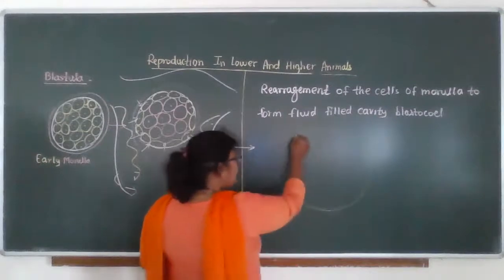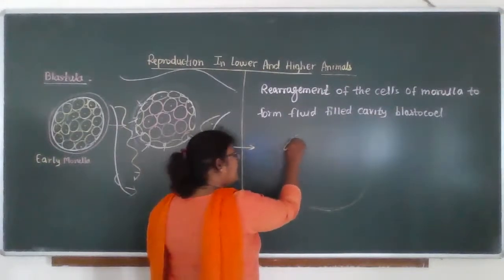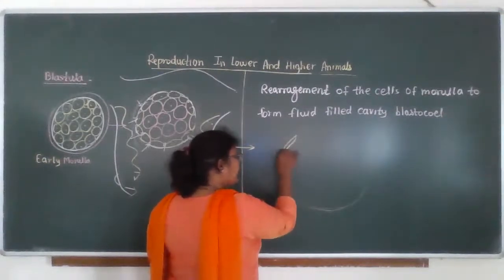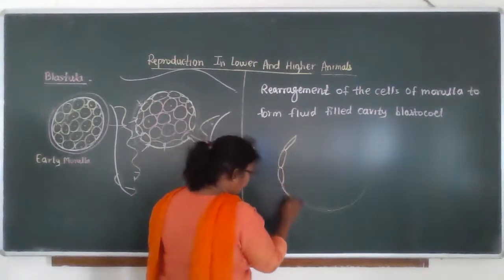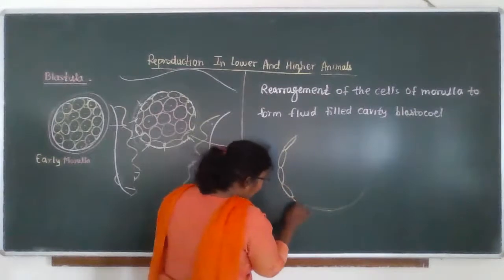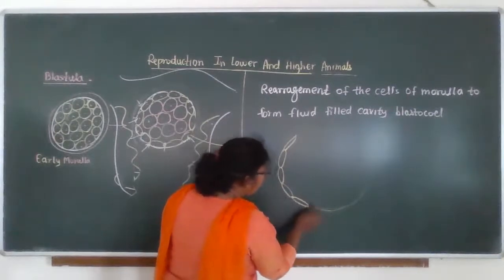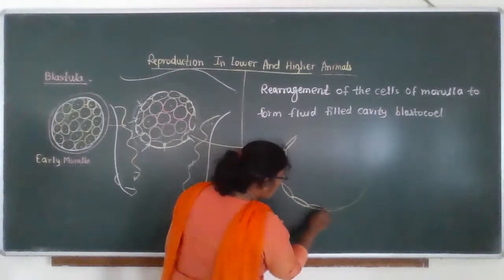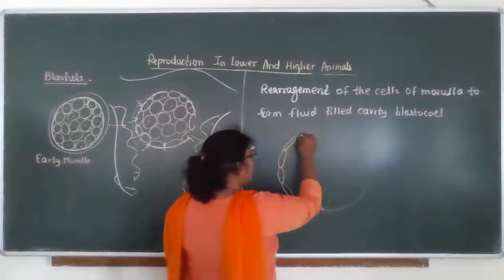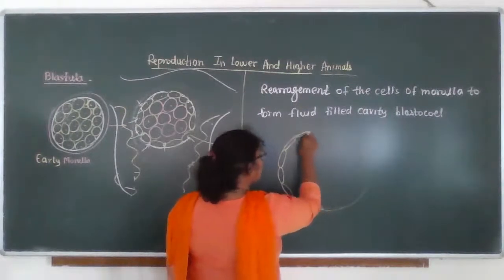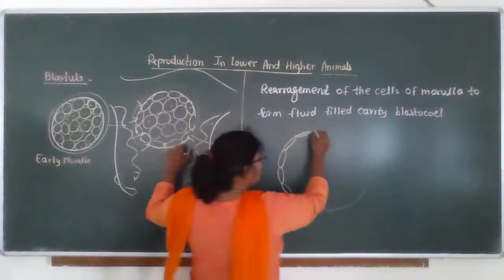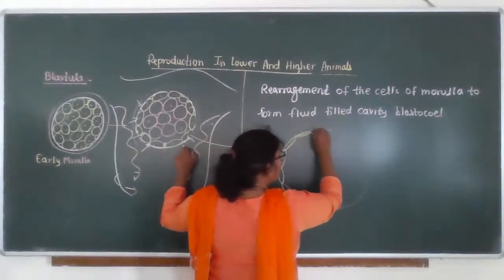The cells get straightened and elongated as the fluid enters inside them, and they form the outer layer, this outer membrane, called the trophoblast. Exactly, these are the outer layer cells of the morula.